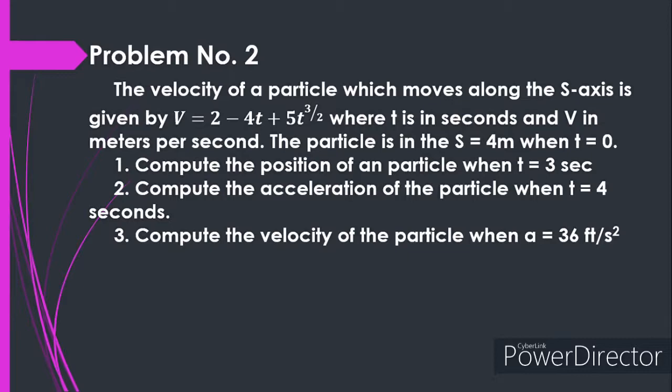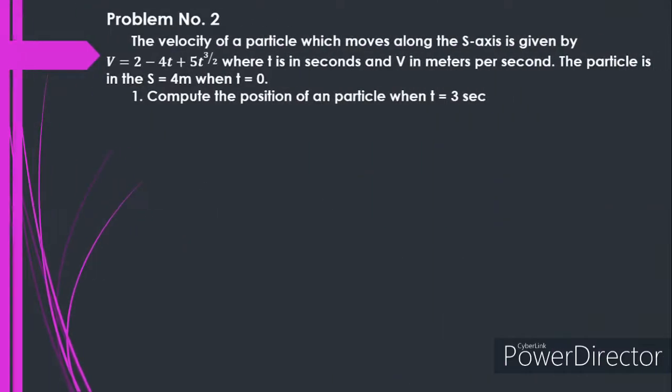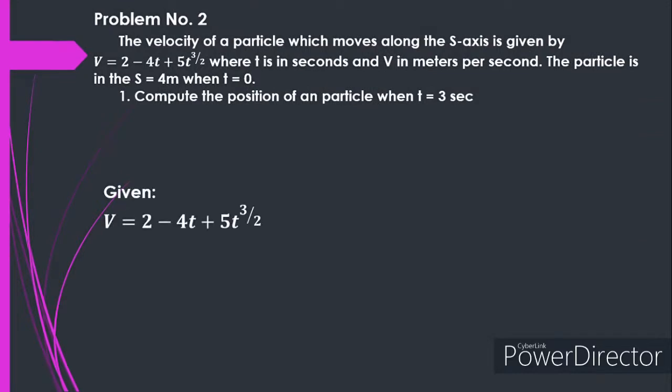So again, let us check for the given. Given we have the equation of velocity which is 2 minus 4t plus 5t raised to 3 halves. First question, compute the position of a particle when t is equals to 3 seconds.